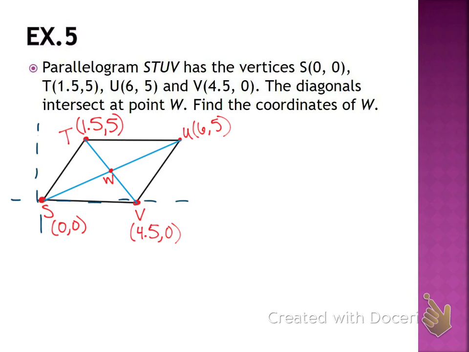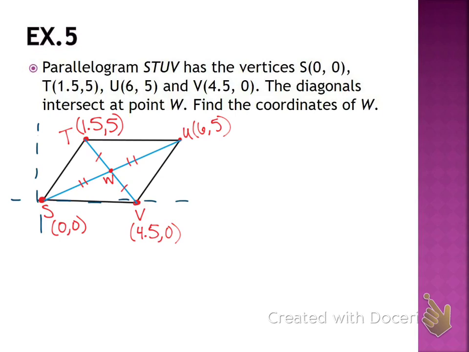The midpoint. That's why that was in our warm-ups. W is the midpoint of both of our diagonals. We all understanding that? Okay, because these get bisected both ways. So you get to choose which coordinates you're going to use to help you find that midpoint. In my opinion, there is one option that's a little easier than the other.